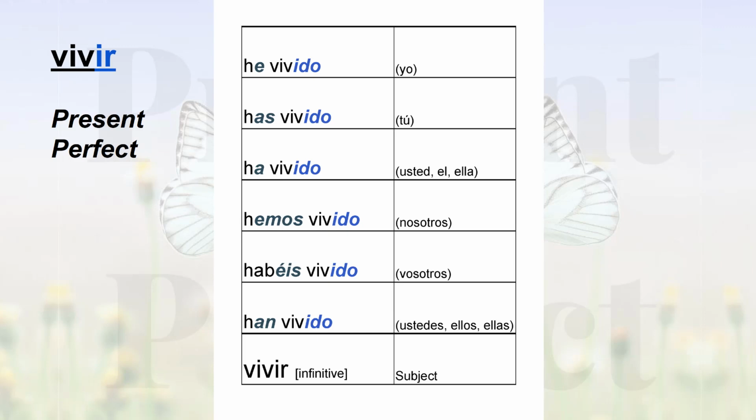Ha vivido ella. Hemos vivido nosotros. Habéis vivido vosotros. Han vivido ustedes. Han vivido ellos. Han vivido ellas.